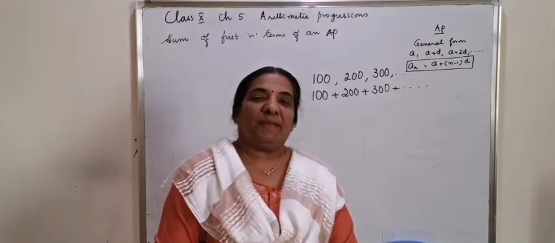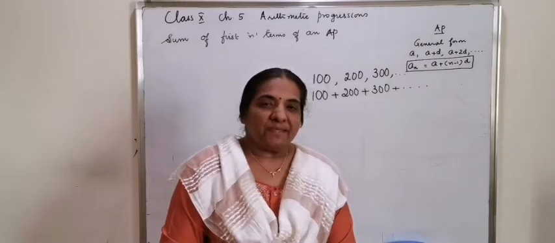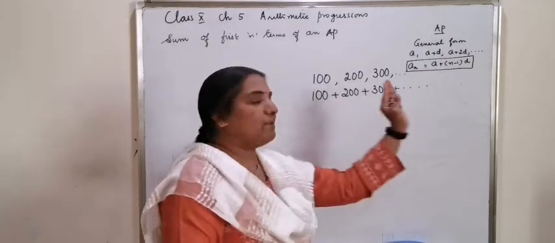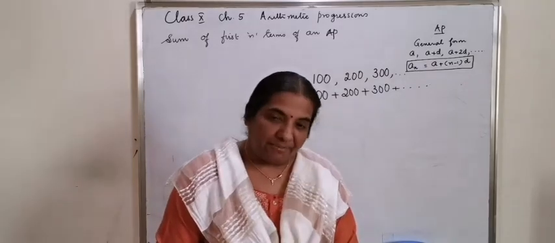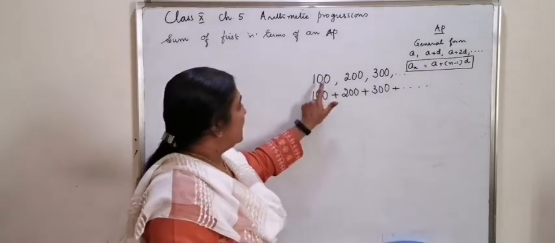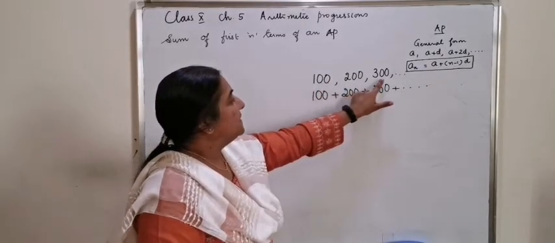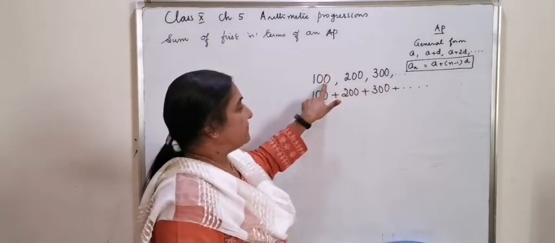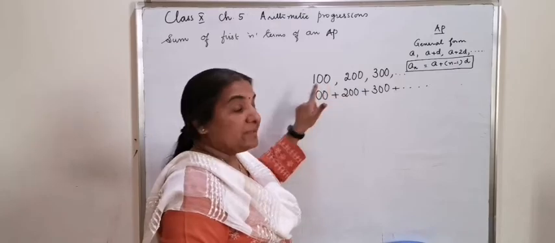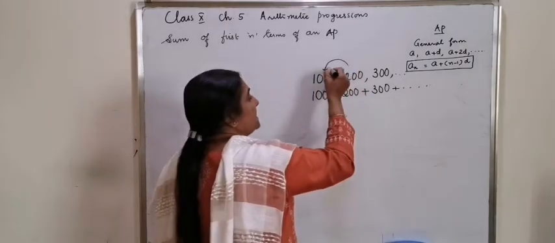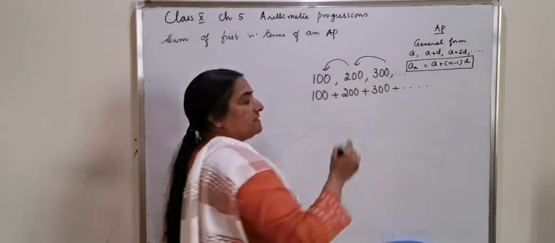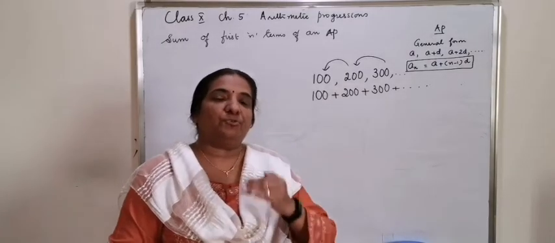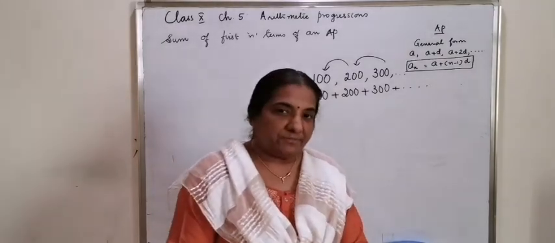So, to make the work easy, let's derive a formula to find the sum of the numbers in an AP. This sequence 100, 200, 300 is an AP because the first term is 100. The common difference is everywhere the same.